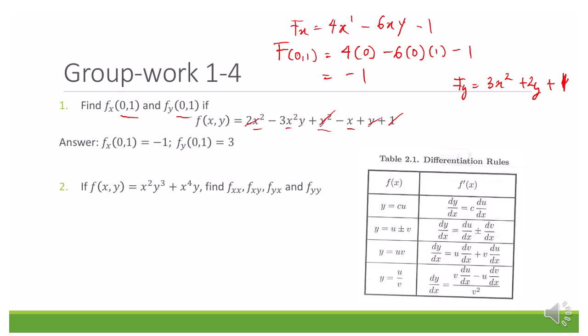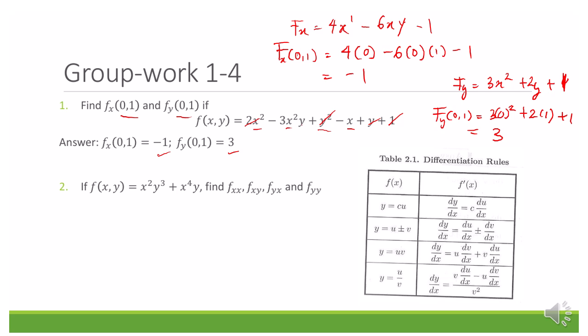If we take the point (0,1), we substitute the values: 3(0) plus 2(1) plus 1. So the answer will be 3. So it's correct.